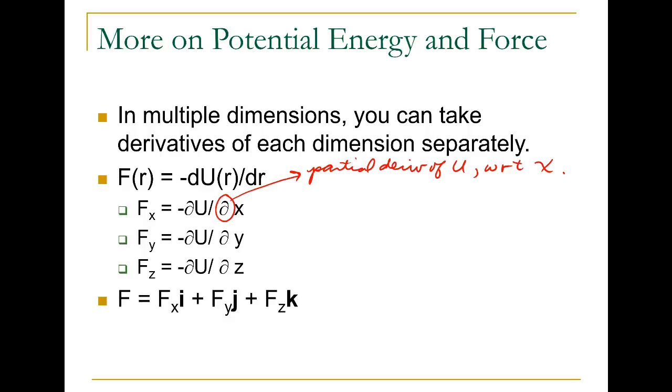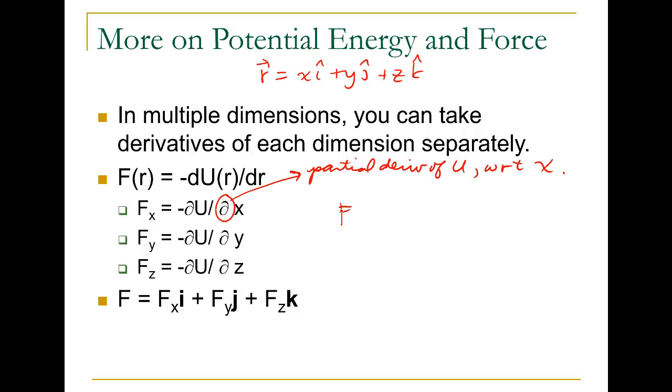And so what I can do is I can perform this operation, taking the partial derivative with respect to each variable. I can do this and I can stick it all together. So in other words, we would say that r by itself is equal to x i hat plus y j hat plus z k hat.